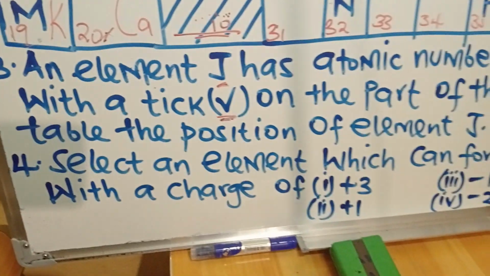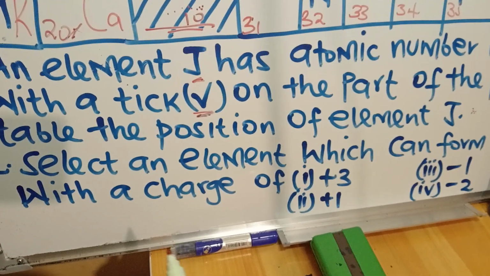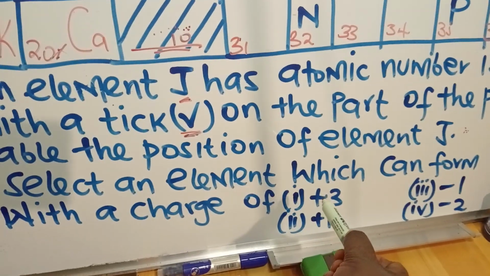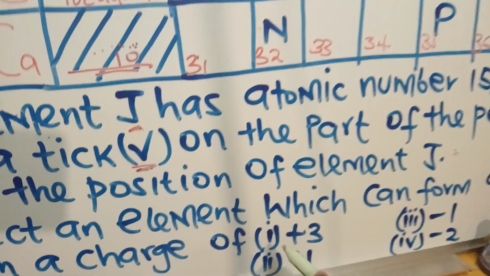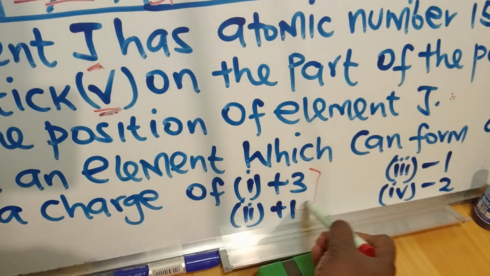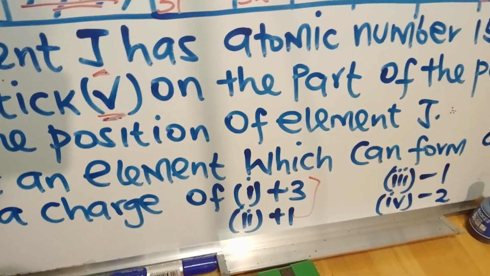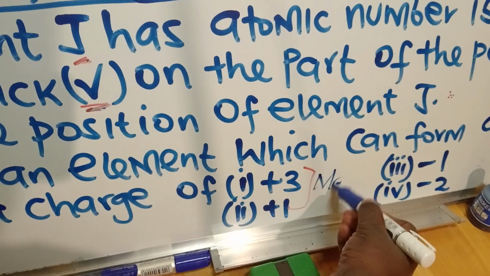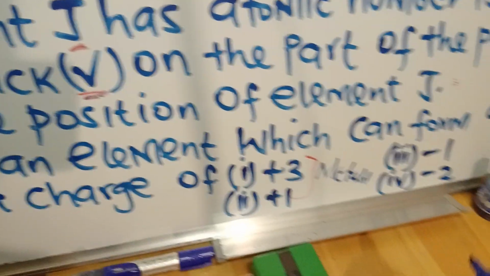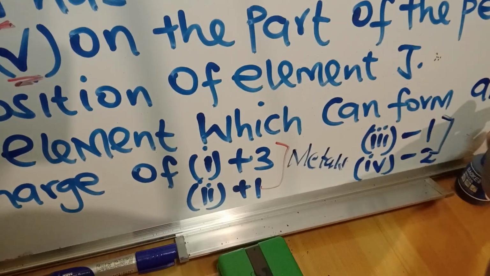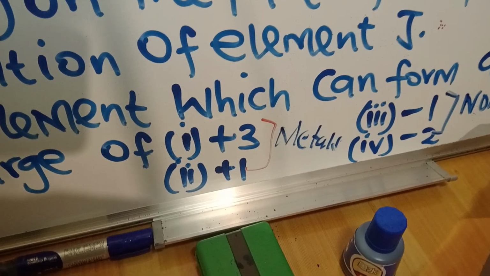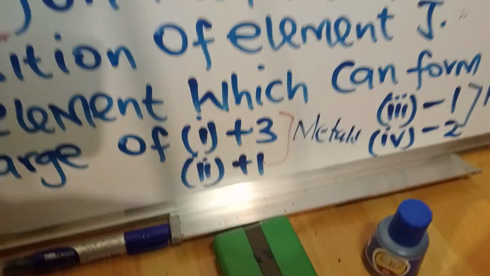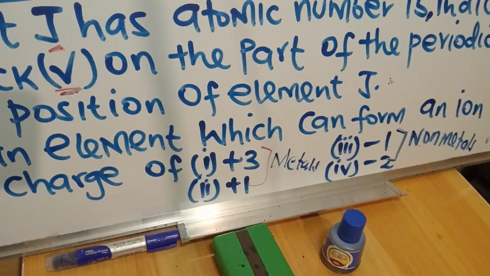So for this question, where we are being told to select an element from the grid that has an overall charge of +3, already you know that for these two, they are metals. And these two are nonmetals. So that is the first interpretation that we have just made.